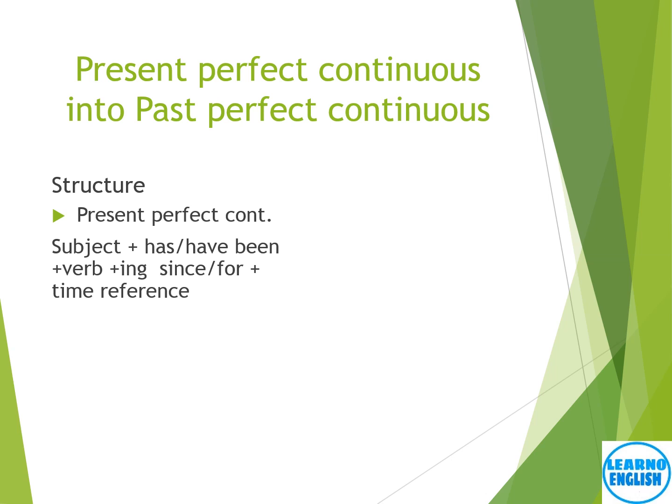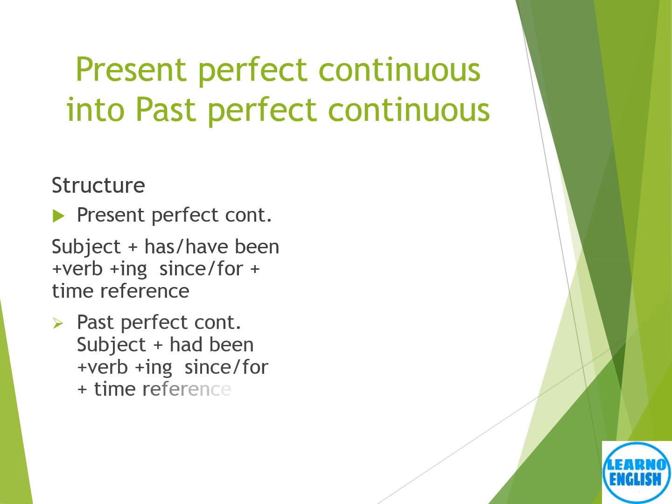But in this example we will not take a typical example, but instead we will just remove this since or for and this time reference, so that you might understand it easily. When we change it into past perfect continuous tense, we will have subject, had been, verb plus ing, since or for and time reference. In this example we are not illustrating it.